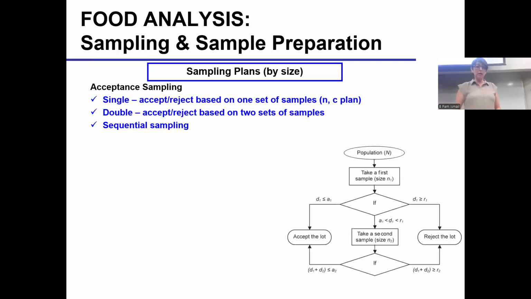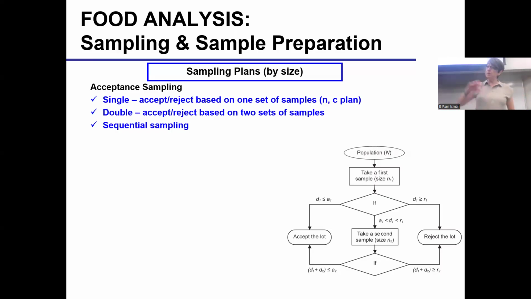So you run your analyses on this set of samples. N is the number of samples you pick out for analysis, and C is the number of defects. If your testing is below the number of defects that are acceptable, you accept it. If it's above, you reject. That is called a single sampling plan.